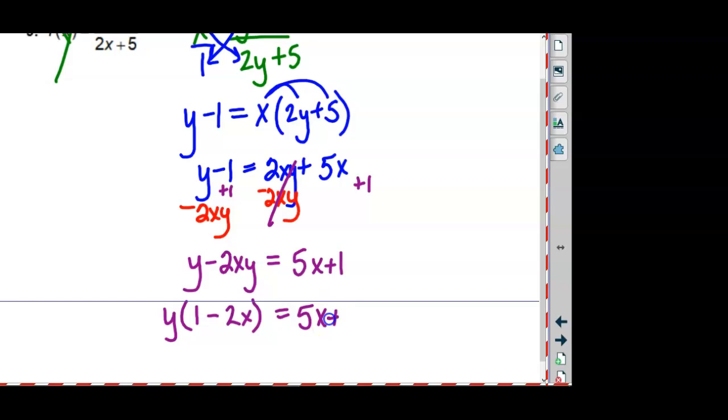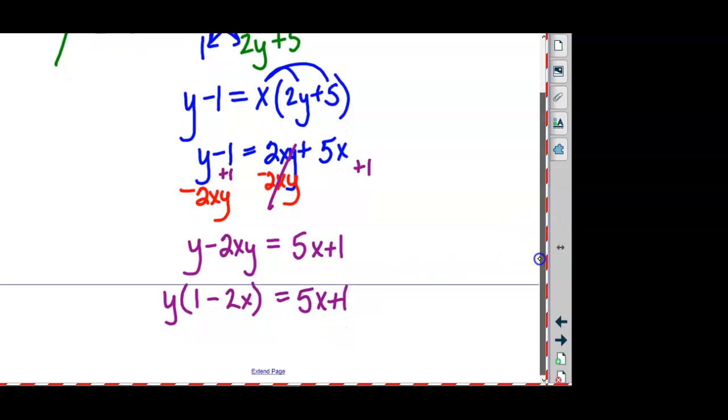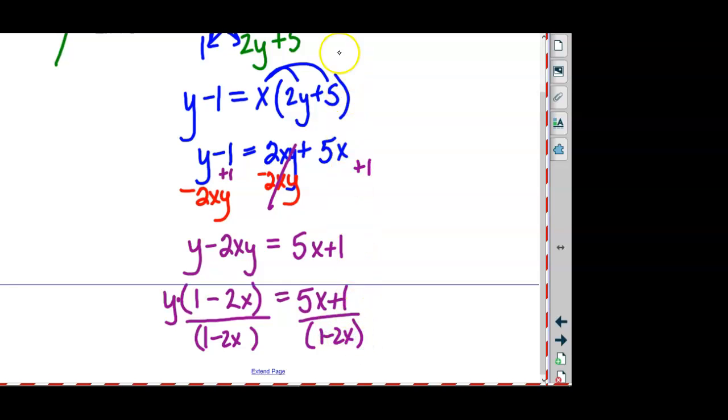And the last step, unless you're going to be fancy and put the notation step in, what do we have to do? Trying to get the y by itself, so we have to divide by that 1 minus 2x mess. So left is y equals 5x plus 1 over 1 minus 2x.